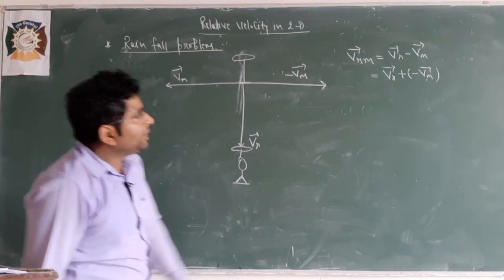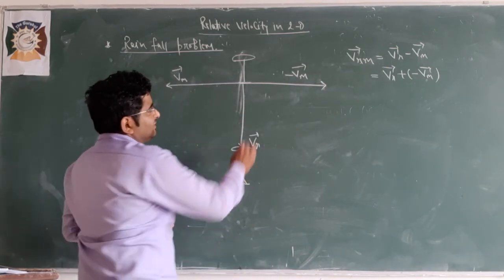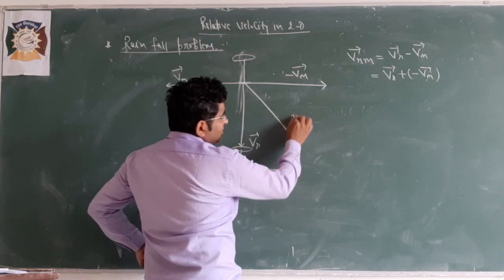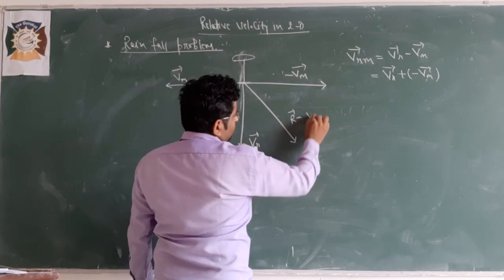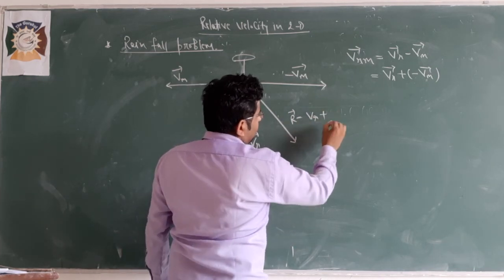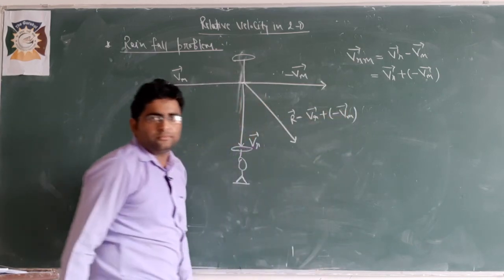So it is minus VM. Okay beta? Now VRM will be equal to VR plus with minus VM. It is a resultant. Clear?